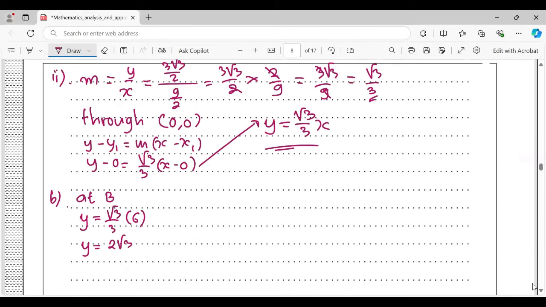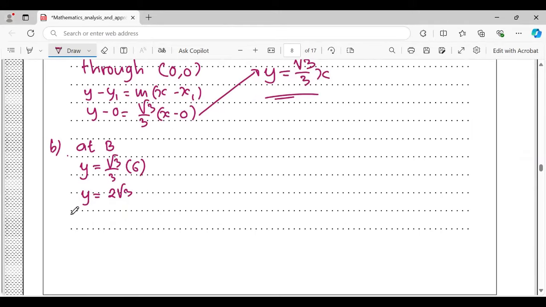Area of triangle OAB is half times OA times AB, half times 6 times 2√3.